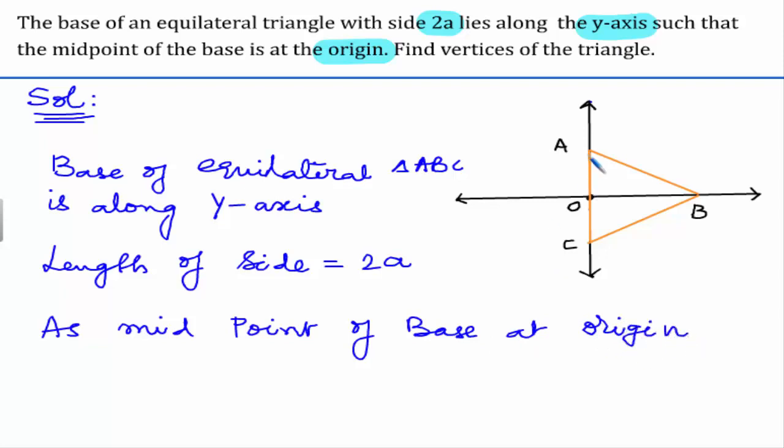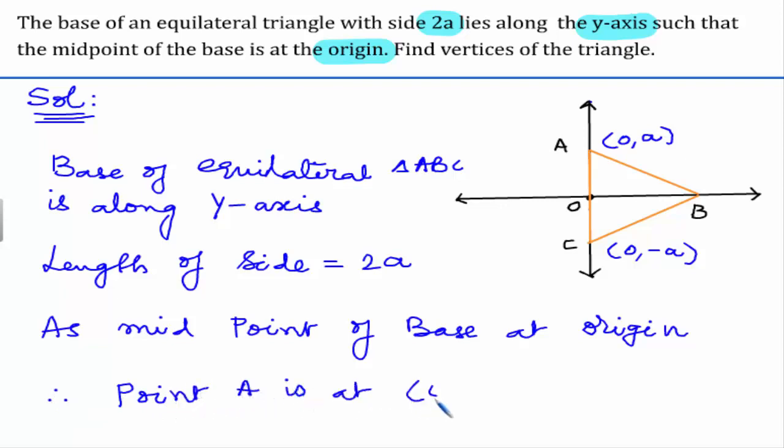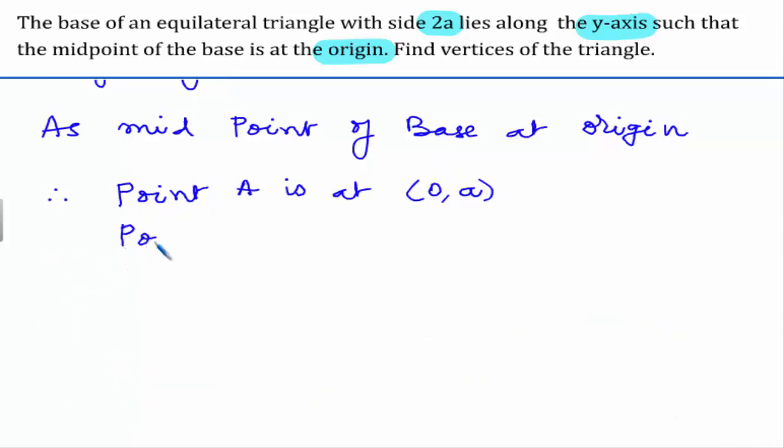So therefore point A is (0, a), and point C will be (0, -a). So therefore point A is at (0, a), point C is at (0, -a), because the total distance should be 2a.